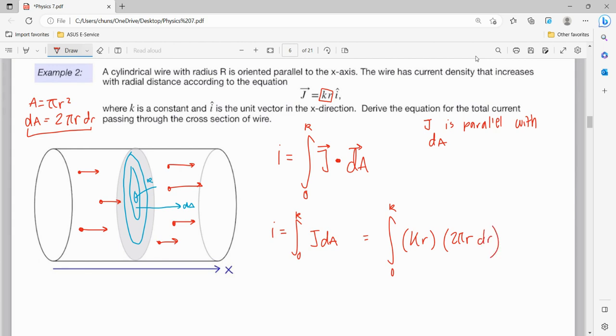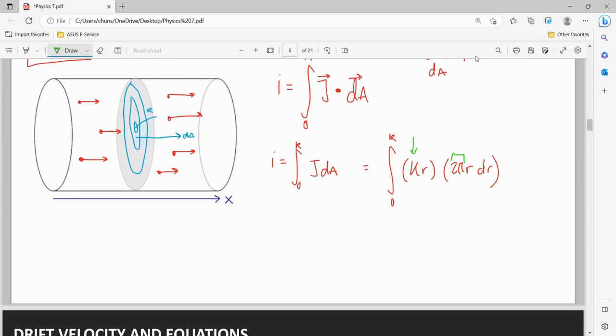Right, and we're going to take out our constant. So k was some scalar constant. We're going to take out k and this 2 pi, and we're going to integrate with respect to r. So then this becomes 0 to r. I'm going to kick out the k 2 pi, and this is r squared dr. And when we integrate this, this is going to be 1 over 3 r cubed.